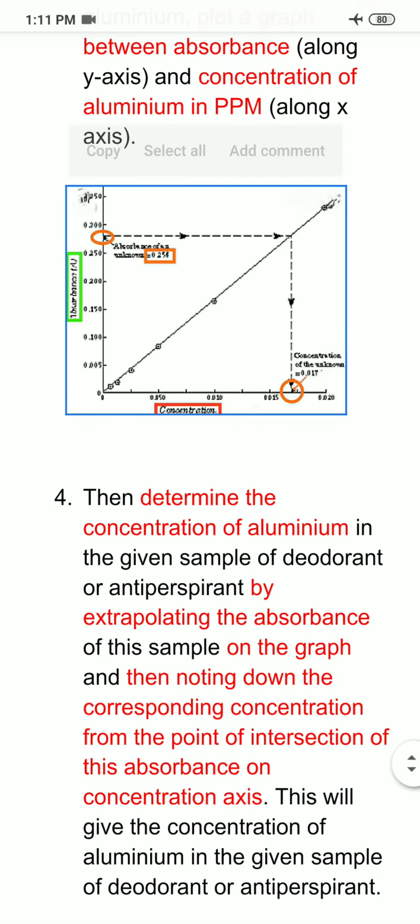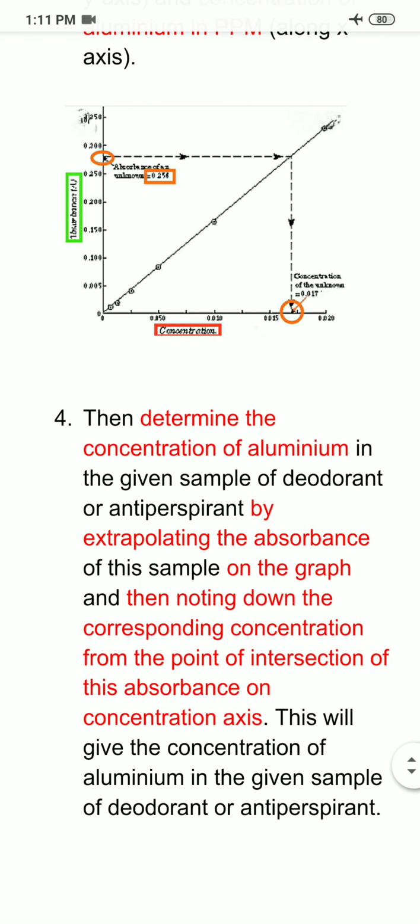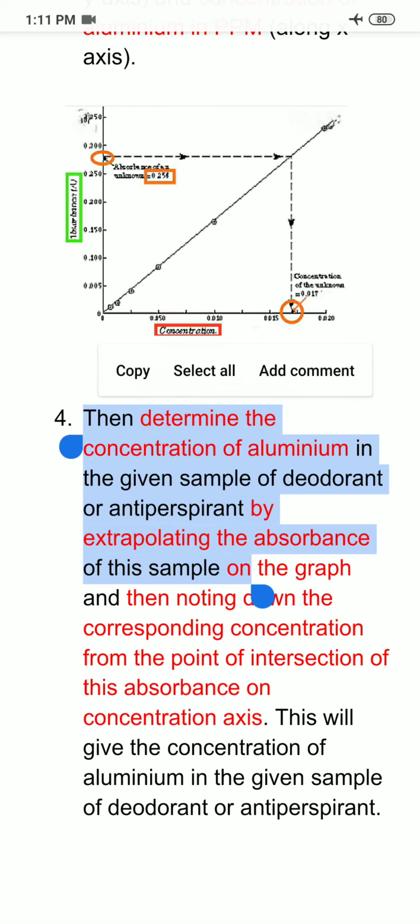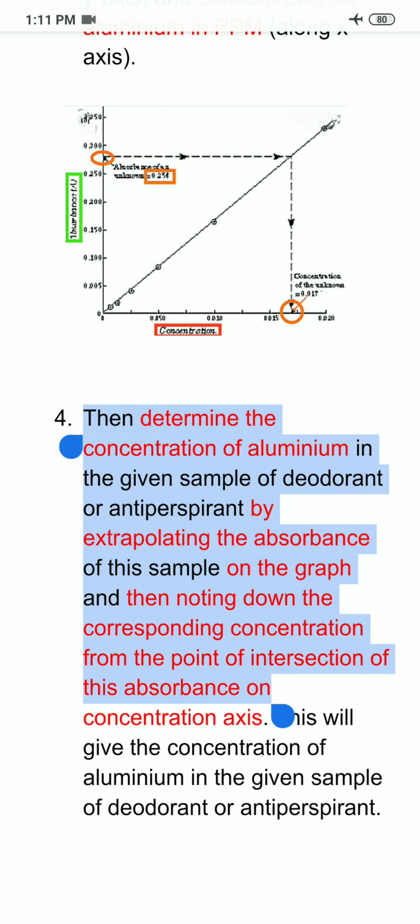So after that, this is what I already made clear. After plotting the graph, the concentration of aluminium in the given sample of deodorant or antiperspirant is determined by extrapolating the absorbance of this sample on the graph and then noting down the corresponding concentration from the point of intersection on the concentration axis.